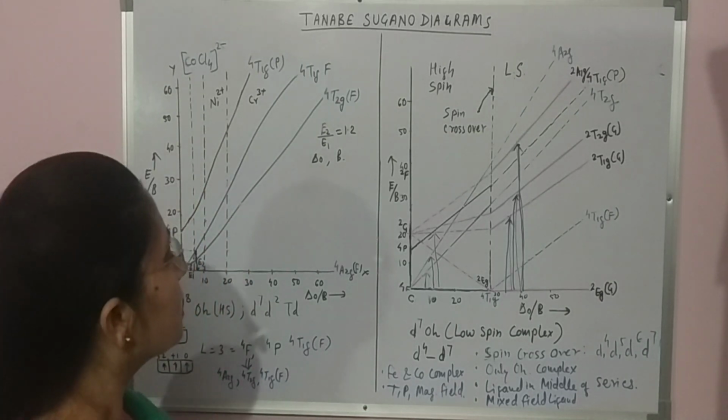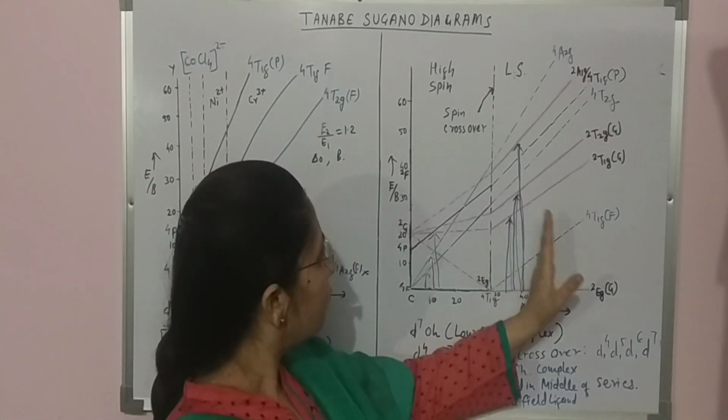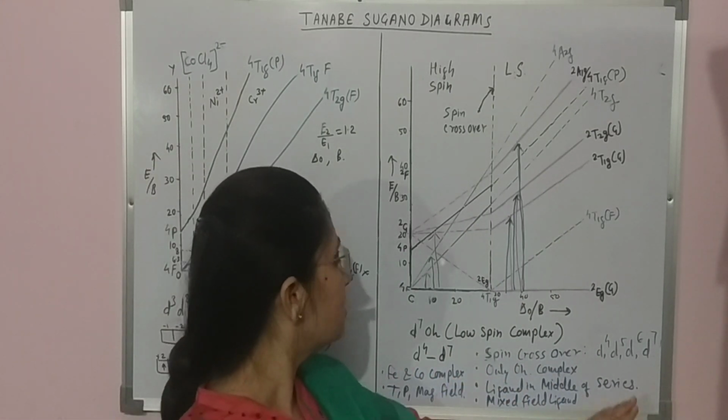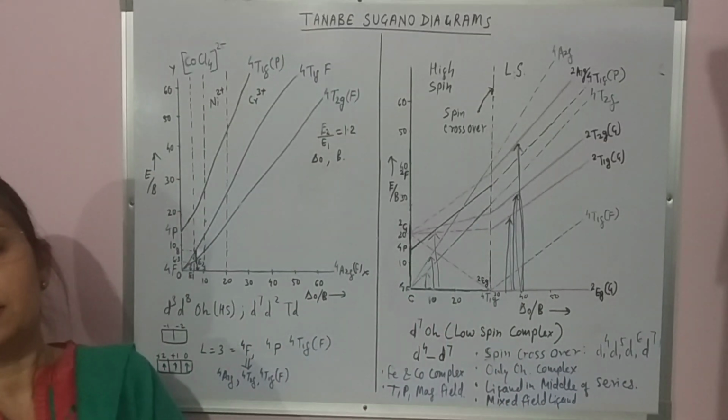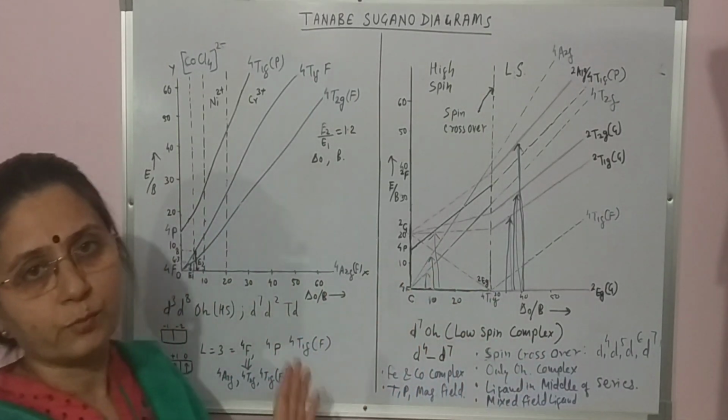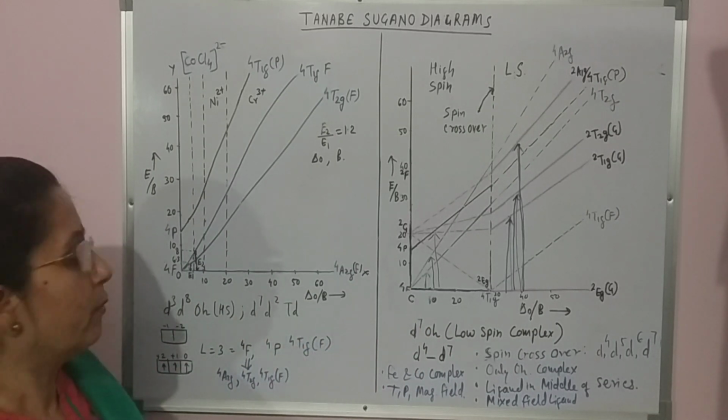And next, the ligands should be of high energy, or in the middle of the series. In the spectrochemical series, ligands having a position from middle to higher will show this kind of spin crossover phenomenon.